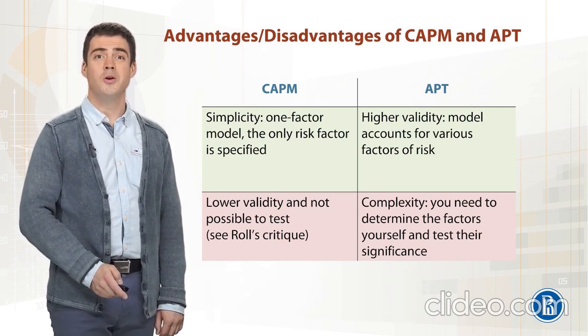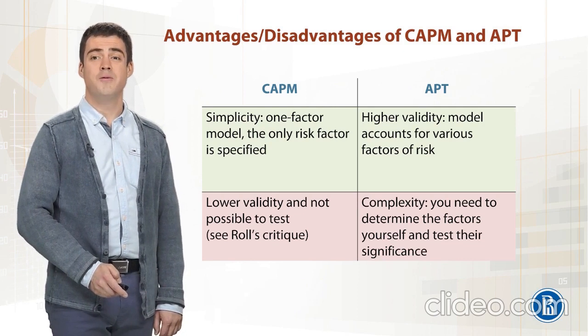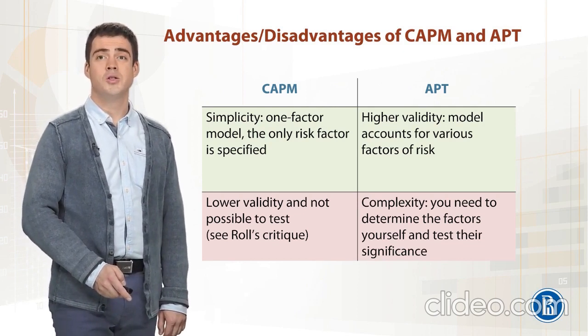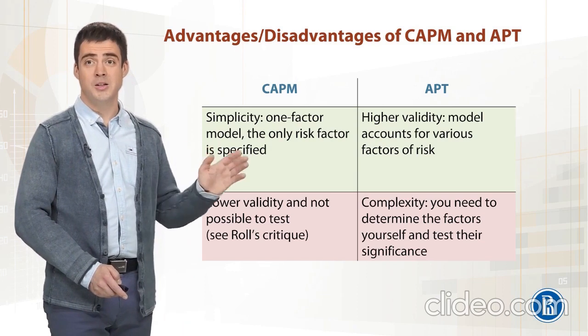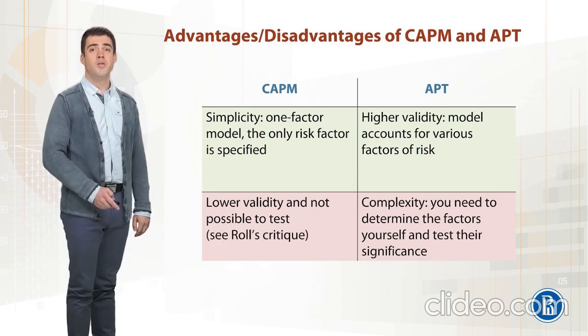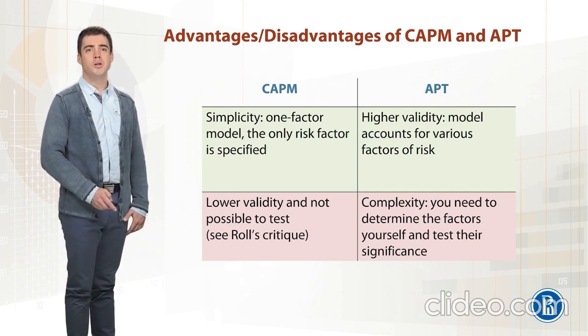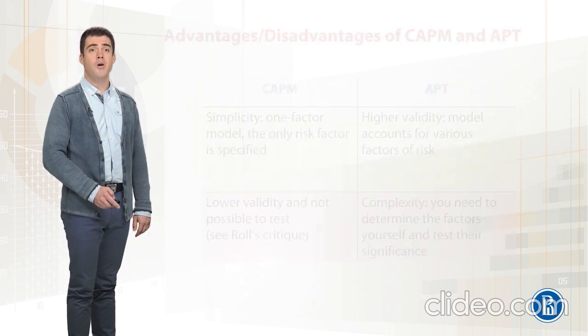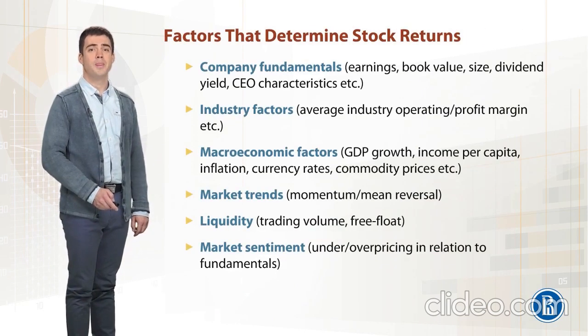No one tells you which factors are significant and which are not. So you need to test it yourself, and practically you can never be sure that you have accounted for all the factors which contribute to the expected return of the assets you consider.